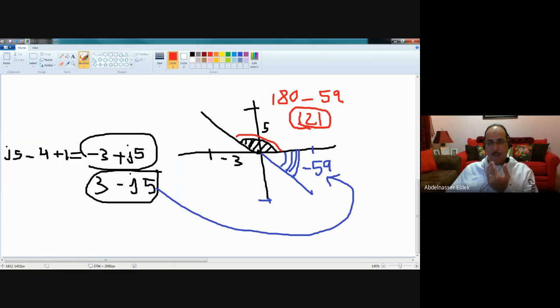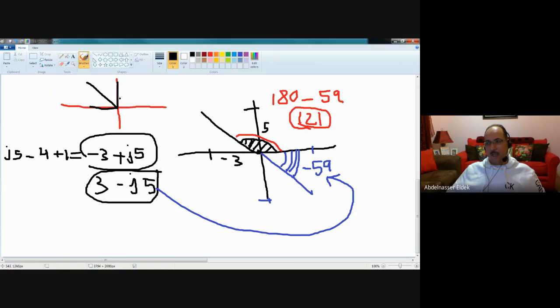This makes sense. So you have to be careful when one is negative and one is positive. Why? Because the calculator does not understand which quadrant the angle is in. The calculator here calculates this to be -59, so it understands that it is in the 4th quadrant. But according to what we have here, the imaginary is positive and the real is negative, so the angle will be here.